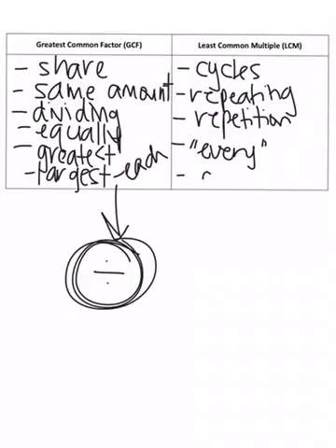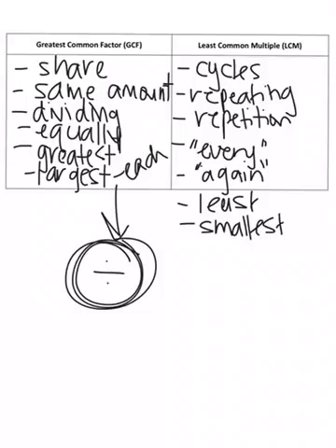We might see the phrase again. When will the two foods be served together again? When will they go to work out and run again? Things like that. Other things might be the keyword least or smallest, because again, those words point out the word least in least common multiple.